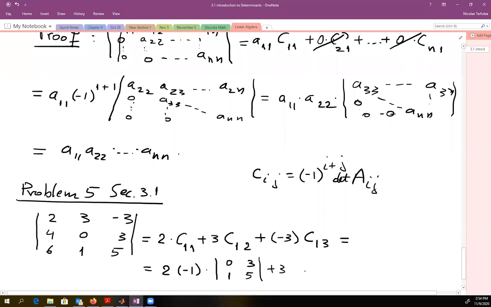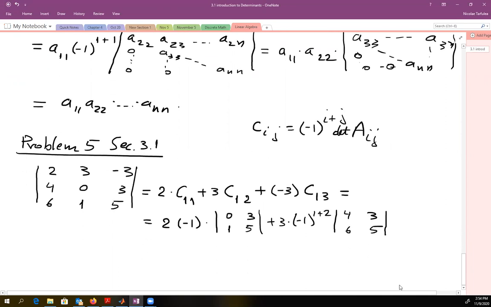Plus 3 times negative 1 to the 1 plus 2, multiplied by the determinant of the matrix obtained by crossing out the first row and the second column. What's left is 4, 3, 6, 5. Okay, let me close this determinant.